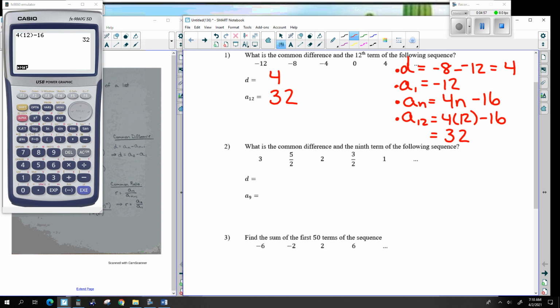Okay, similar problem. The common difference in this case is 5 over 2 minus 3, which is negative 1/2.